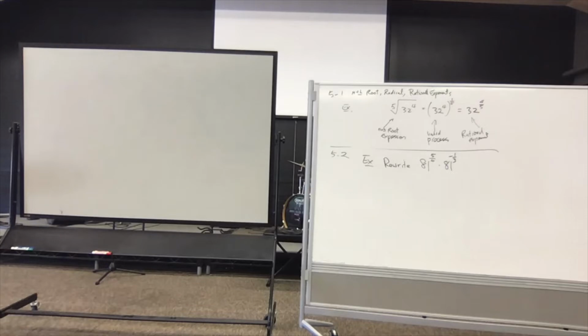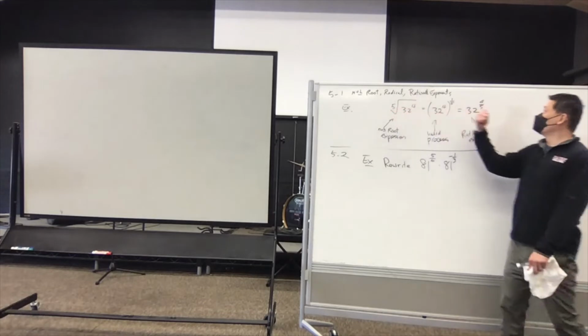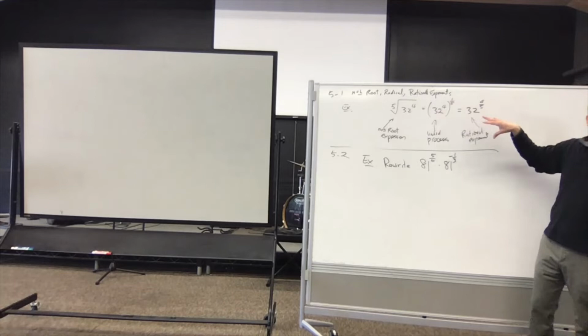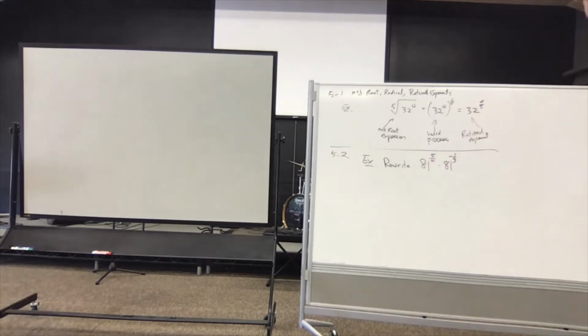So turn that into exponents, right? And so we see this and we don't like it, so we turn it into exponents. Exponent expressions are much easier to work with. So that's number one. Number two is, I reminded you there are 5 exponential properties that we work with.